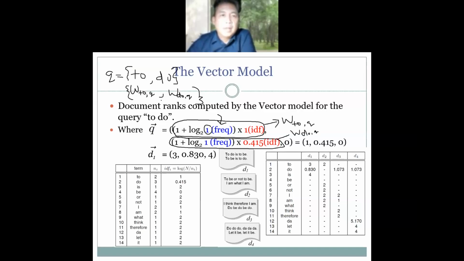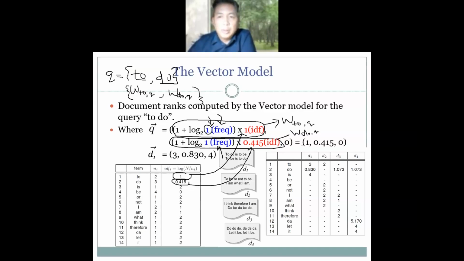Okay, so the 2 exists one time here, and the do exists one time also. But remember that our IDF is 0.415, and then our do is 1.